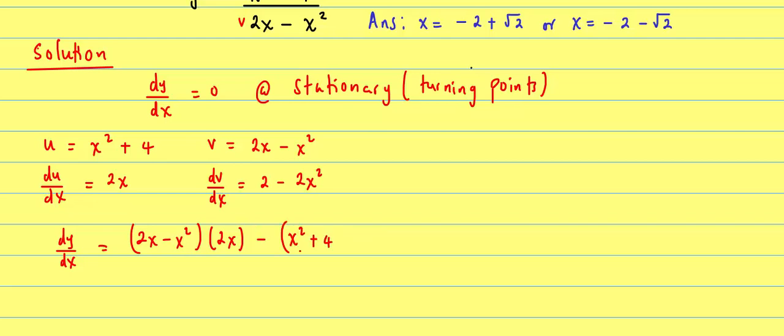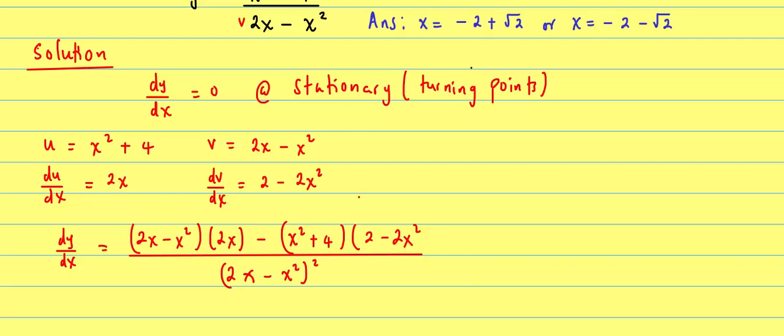And be careful because we have to multiply everything beyond this point by this negative there, and that's multiplied by the derivative of v, which is 2 minus 2x. This whole thing must be divided by v squared, and v squared is equal to 2x minus x squared, and that whole thing has got to be squared.